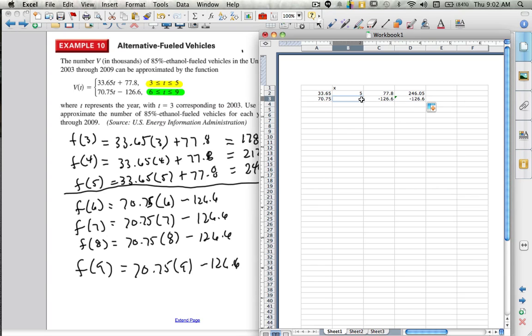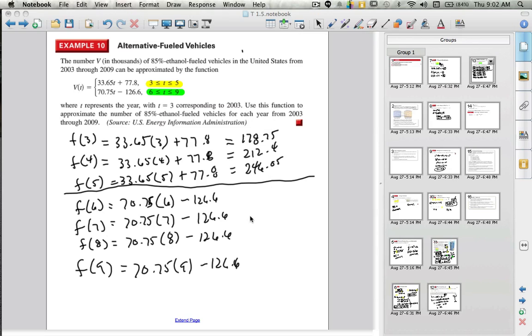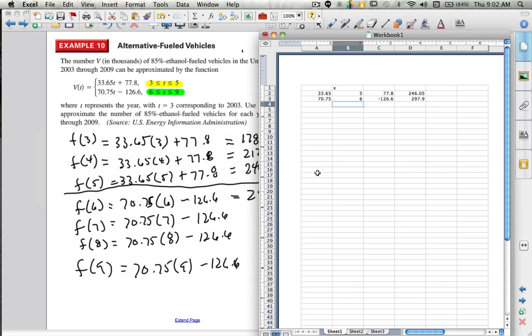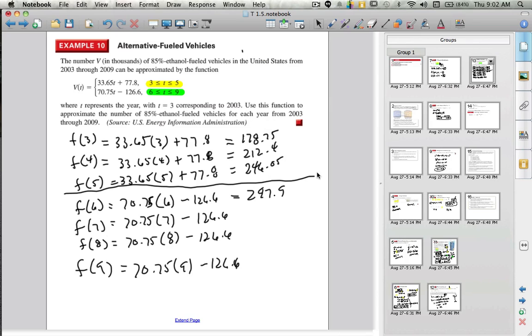Okay, so now if I pop in 6, I'll get 297.9. If I pop in 7, I get 368.65.